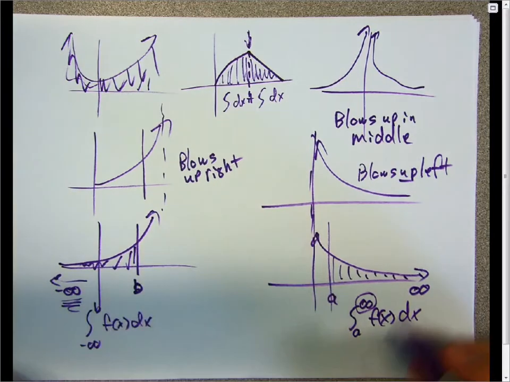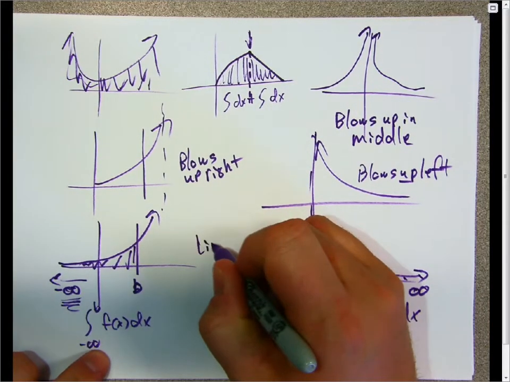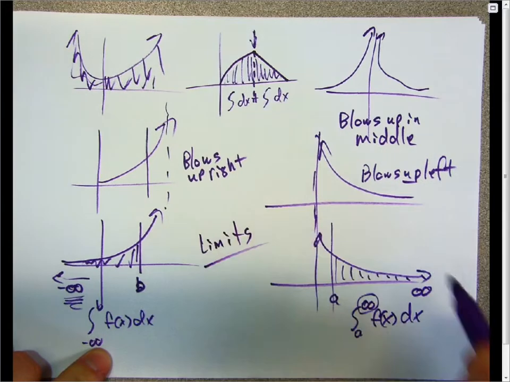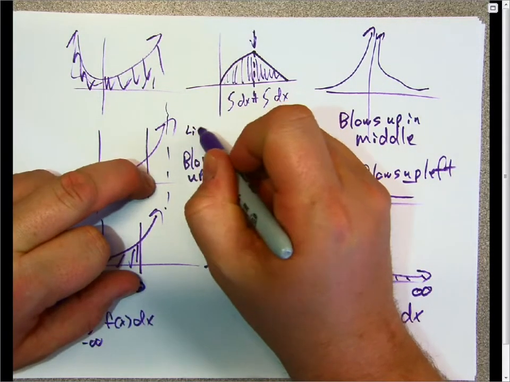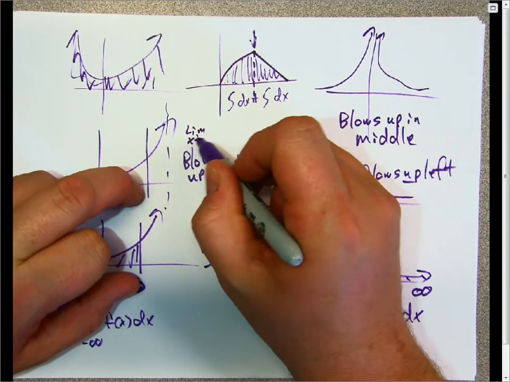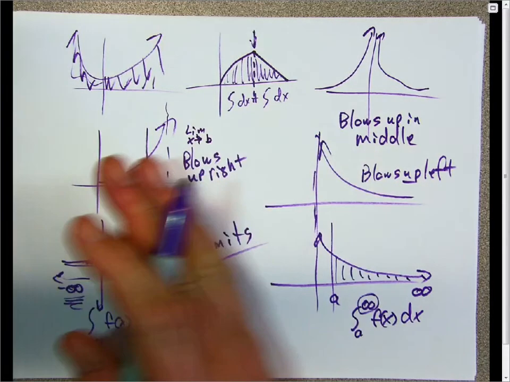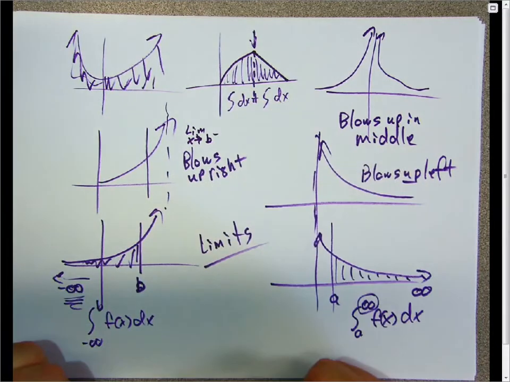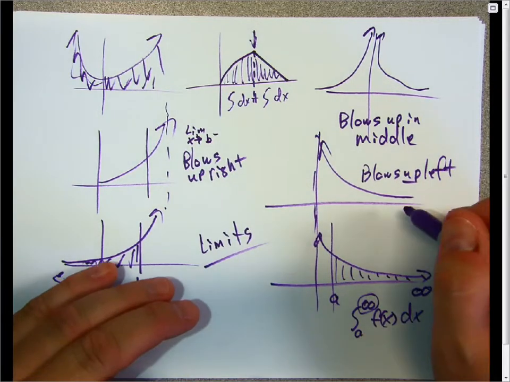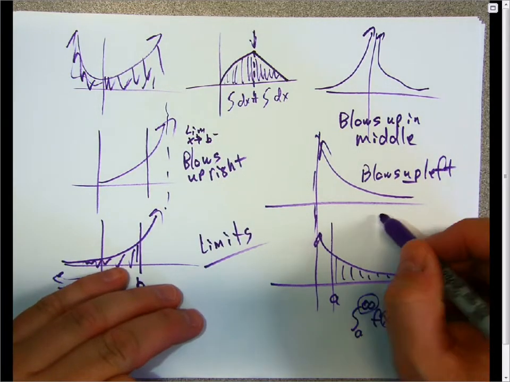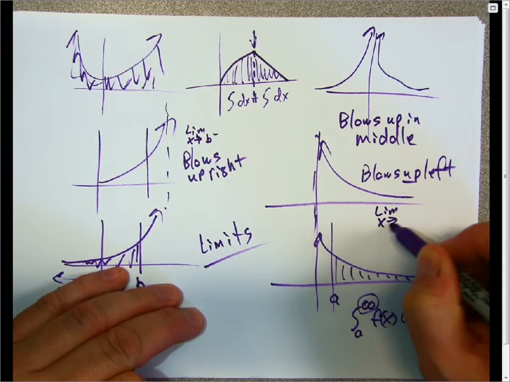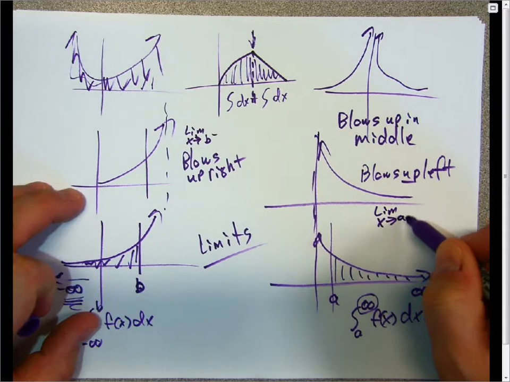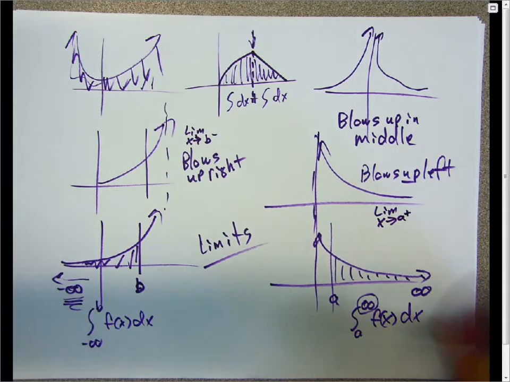Well, in all of these cases, the answer to our prayers is limits. In this case, we're going to take the limit as x approaches b, but it approaches from the left. And in this case, we want to take the limit as x approaches a, but now from the right.